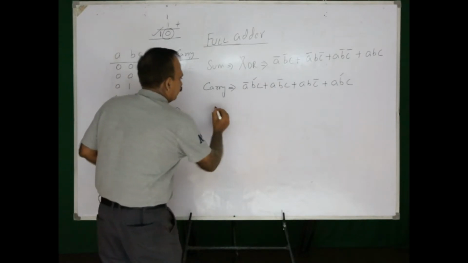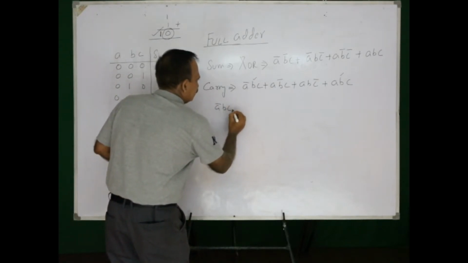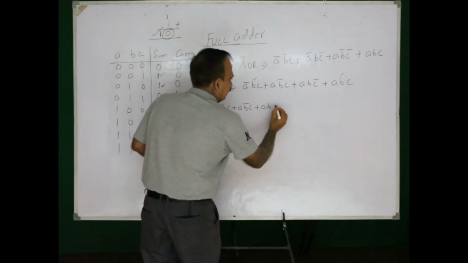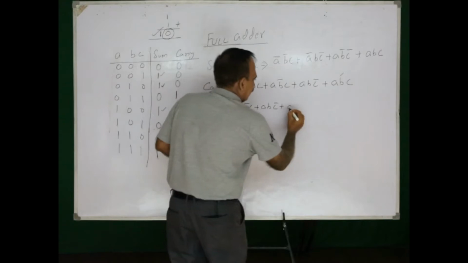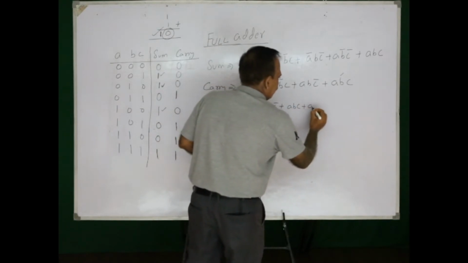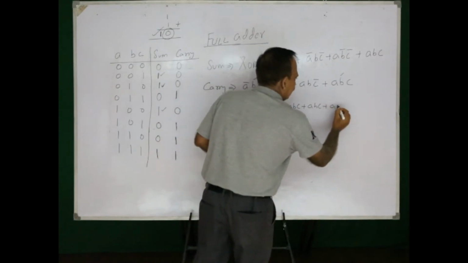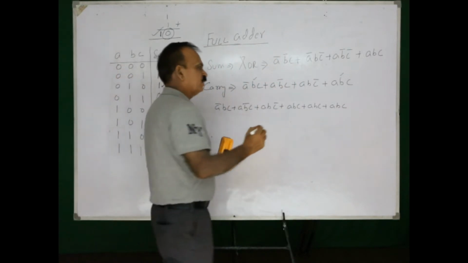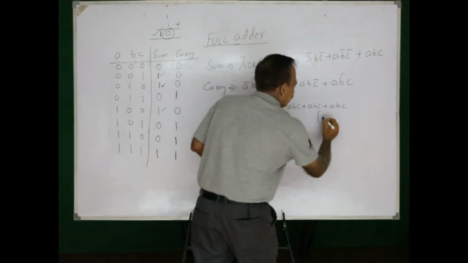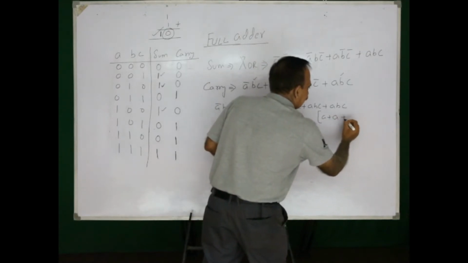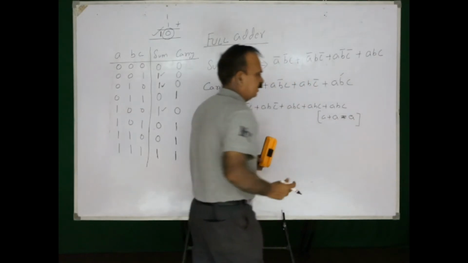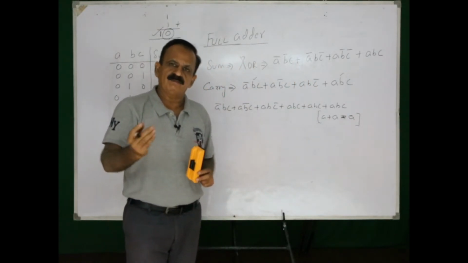Now I can write A bar B C, A B bar C, A B C bar plus ABC plus ABC plus ABC. I used ABC thrice because in Boolean algebra A plus A is equal to A. That means I can add this value any number of times.